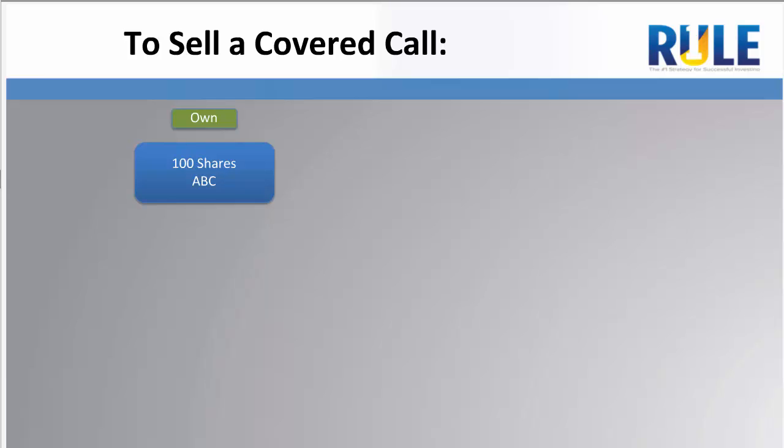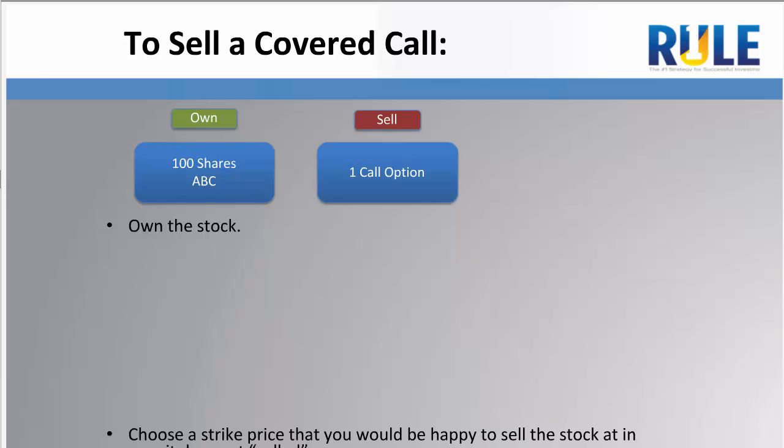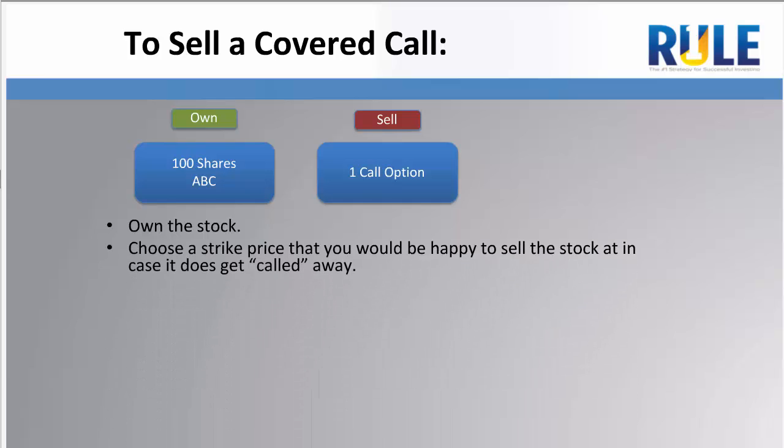So I probably don't need to tell you guys what you need to be able to sell a covered call, but you need 100 shares at least in your account, then you can sell one contract of a call. So you've got to own the stock first. What's your obligation when you sell a call? The obligation is to sell your shares to somebody at the strike price if they want them.